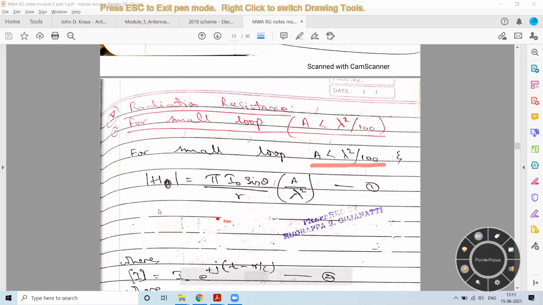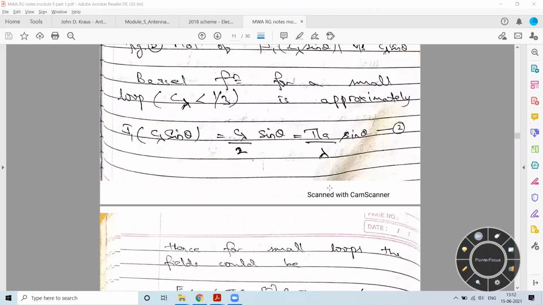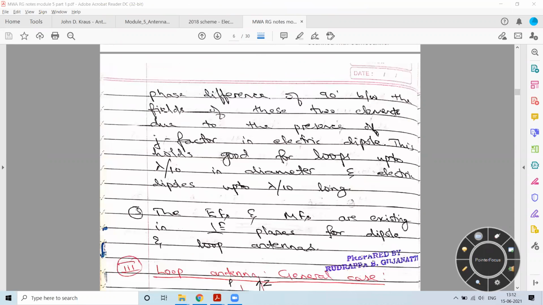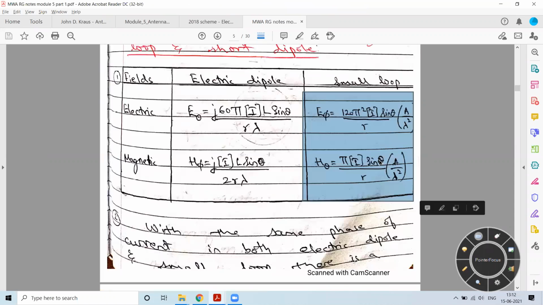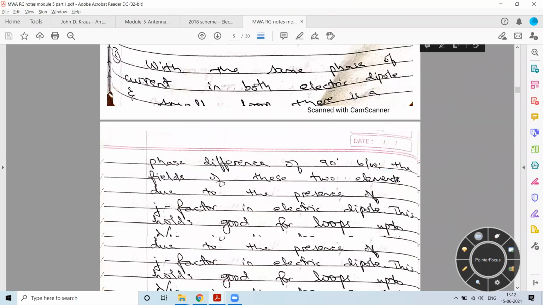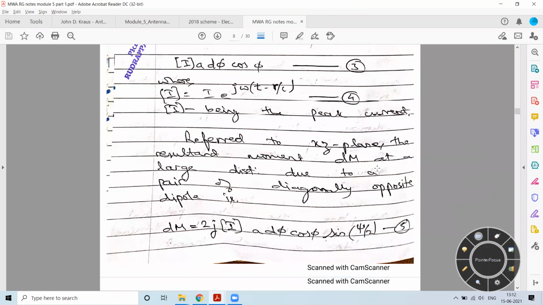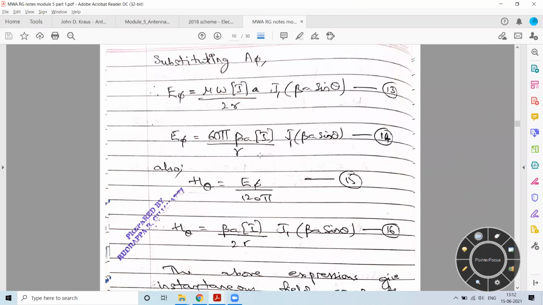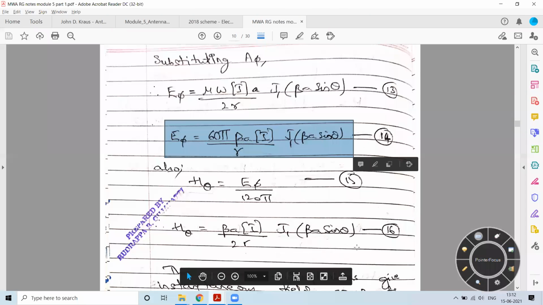In this case, we had seen the fields which are associated with the small loop, and we observe the field parameters over here. And for the loop in the general case, these equations will be utilized for identifying the radiation resistance of the large loops. So this is the general case, and we will be using it for large loops.